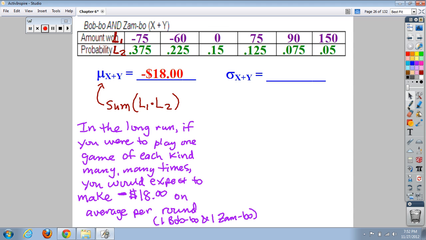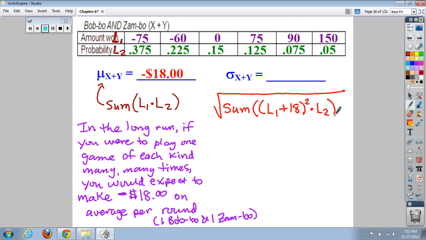Alright, standard deviation. Our command for it: square root, sum, double parenthesis, L1 minus the mean, which is negative 18, so I'm really going to be adding 18, squared, times our probabilities, list 2, end parenthesis for our sum.